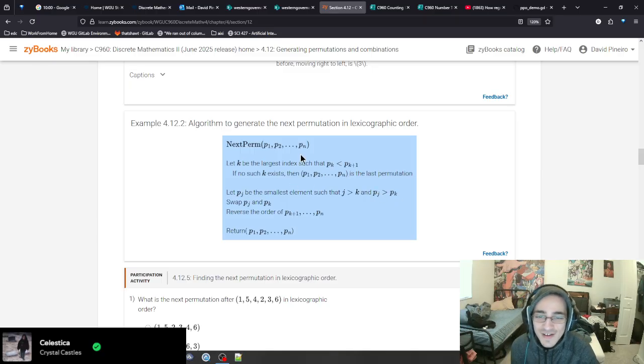Okay, that's kind of funny. So what you do is you look after the Kth element, look for all the elements that are larger, and then get the smallest one.